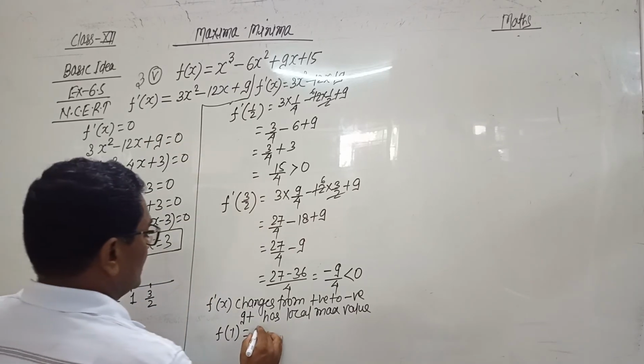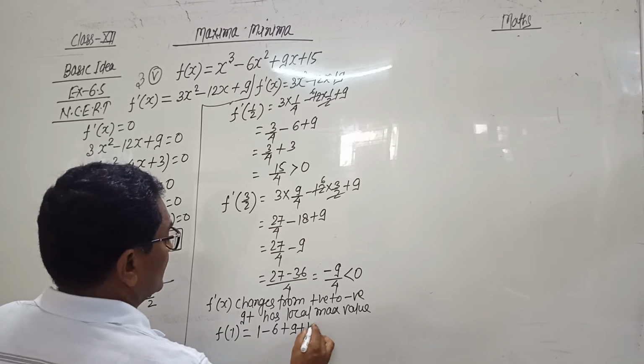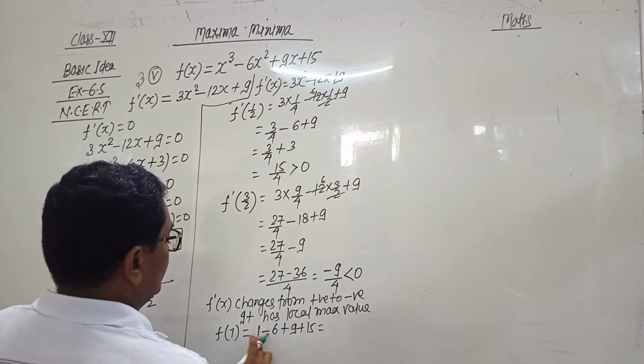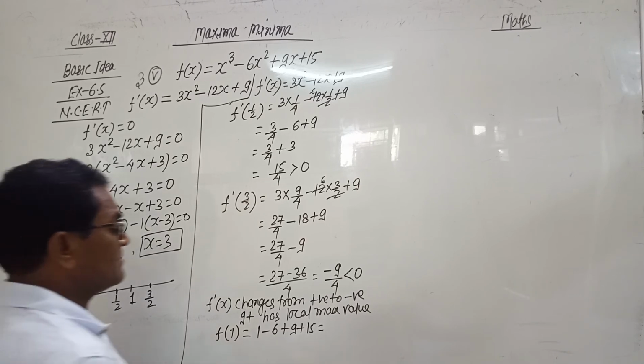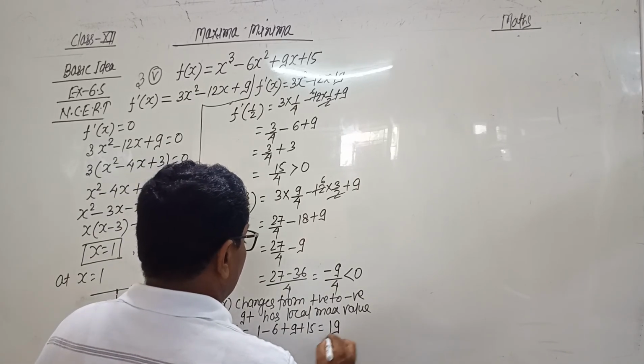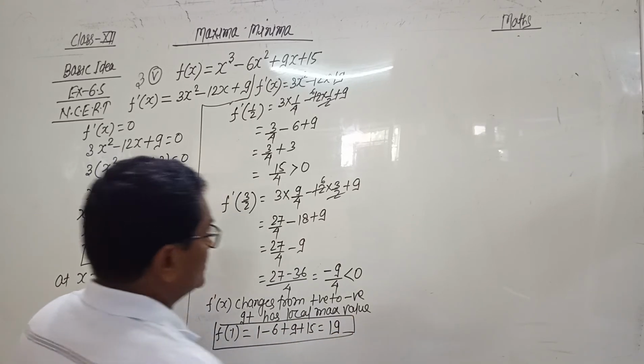So 1 minus 6 plus 9 plus 50. This gives 50 plus 1, 51, plus 9, 60. 60 minus 6, 54. So the local maximum value is 54.